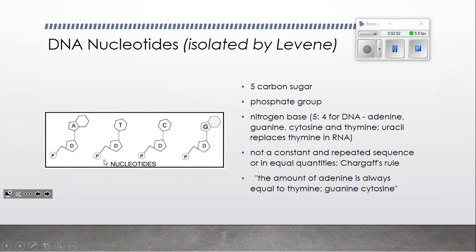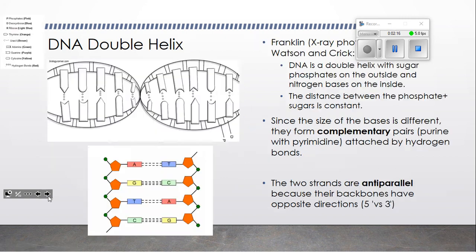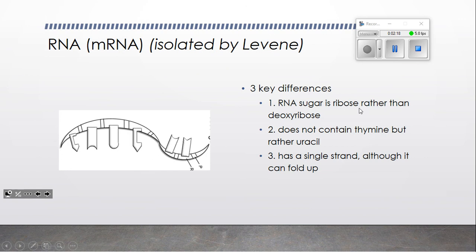You might even remember in the video yesterday, as the girl was explaining, she said it's missing a hydroxyl group in DNA, and in RNA it's not. It's almost the same sugar, except for one little piece that's attached. So RNA has a different sugar. It still has a sugar, but it's just a slightly different sugar. The second thing that's different about RNA is that RNA does not contain thymine.